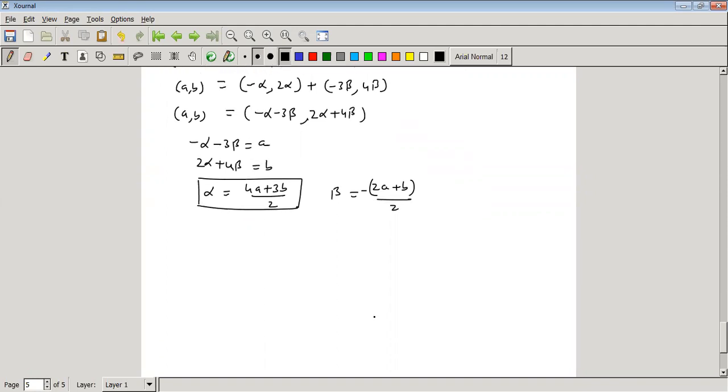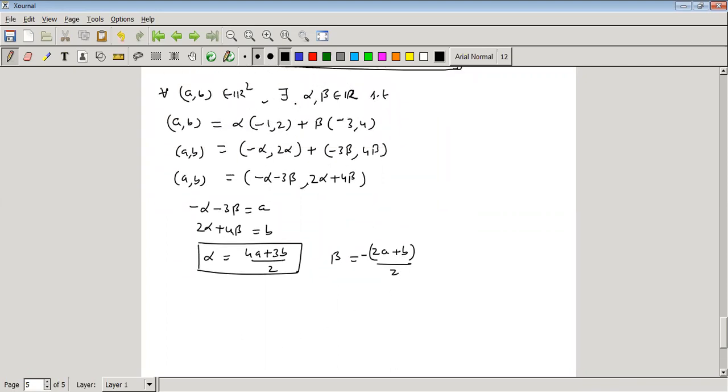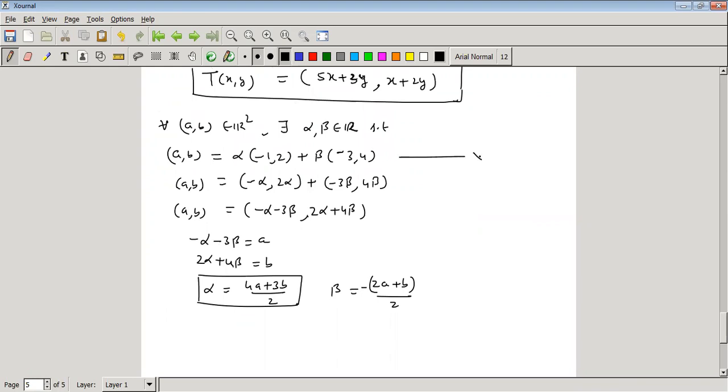So we get alpha equal to (4a plus 3b) by 2 and beta equal to minus (2a plus b) by 2. Let this be equation star.